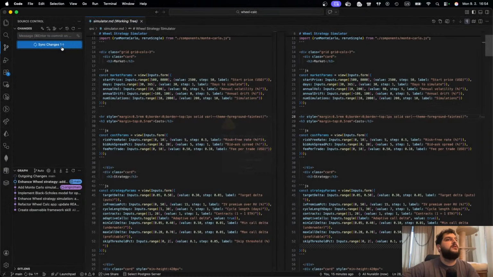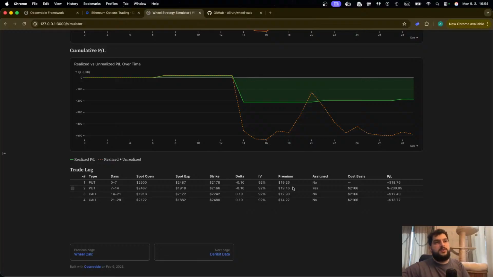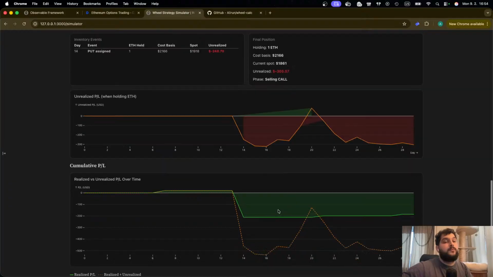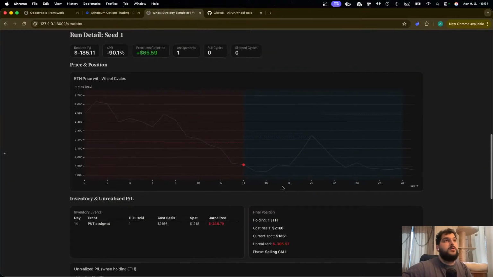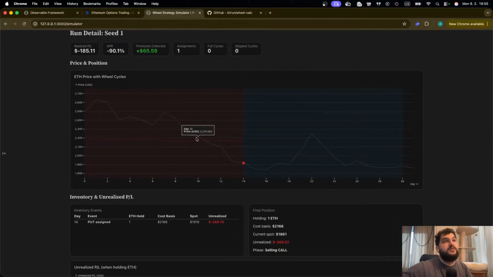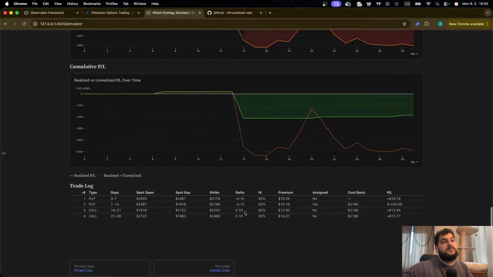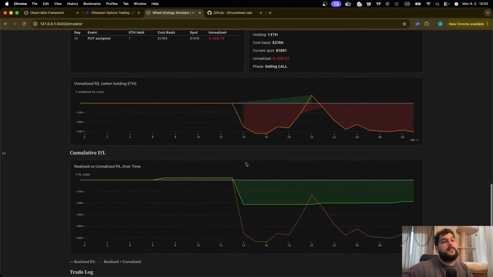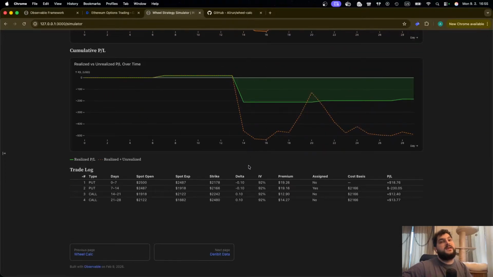Imagine, okay, we sold one. We were not assigned. Okay, we got $18. That's cool. Then we sold another, and we got 19 more here. Then it dropped down, and we had to execute. Theoretically, yes, we purchased it above the market price, and we are kind of in a loss.